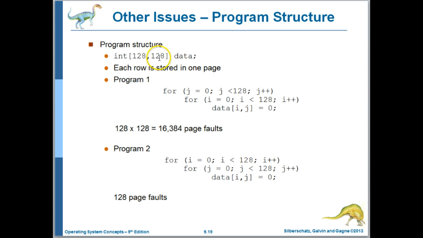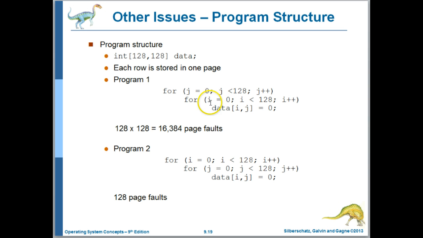So if we walk through an array by columns, as is being done here, and we have a situation where each row is stored in a page, then we could potentially incur a page fault for every single array access, because each subsequent array access is to a separate page.